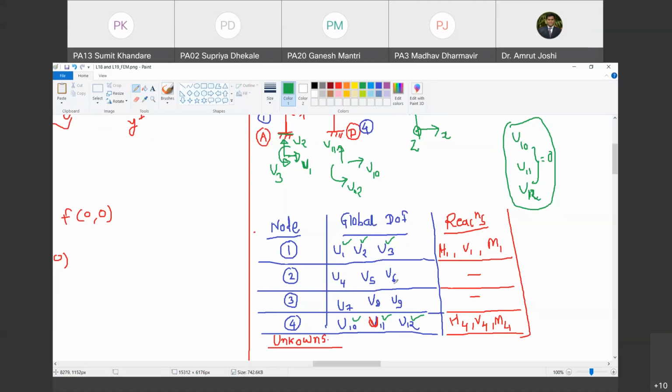If U4, U5, U6 are unknowns, reactions or forces there are out of question. Are you with me? Yes, sir. So at a node, if you have a global degree of freedom as unknown, then the forces there are known. But if you have a global degree of freedom known at a point, the corresponding reaction will be unknown. Are you with me?